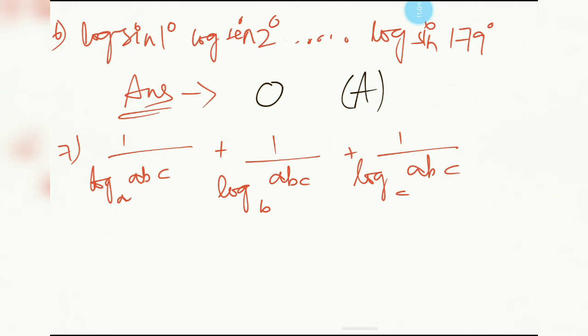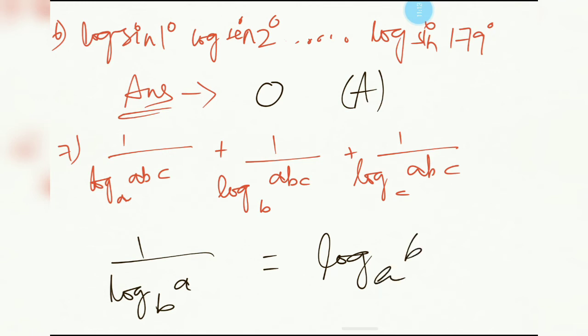Now for the seventh one, this question is kind of different, but it is very easy. Now 1 by log a to the base b is nothing but log b to the base a. This is one of the laws which we have studied.